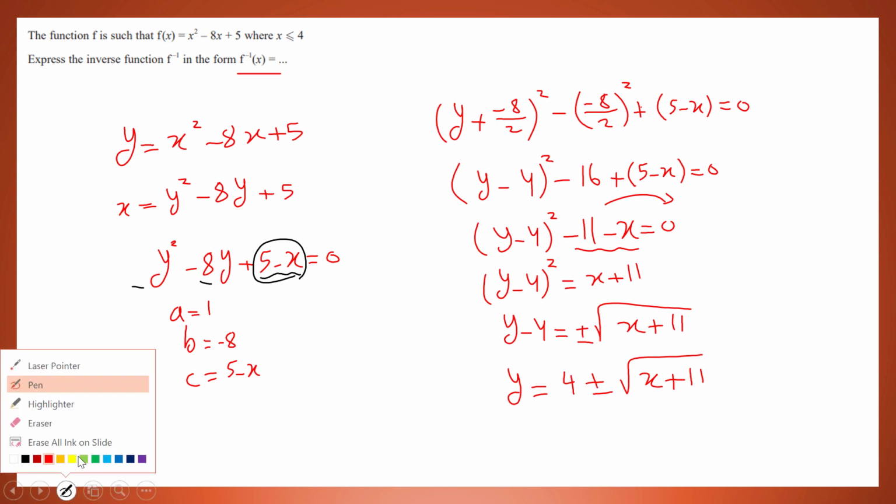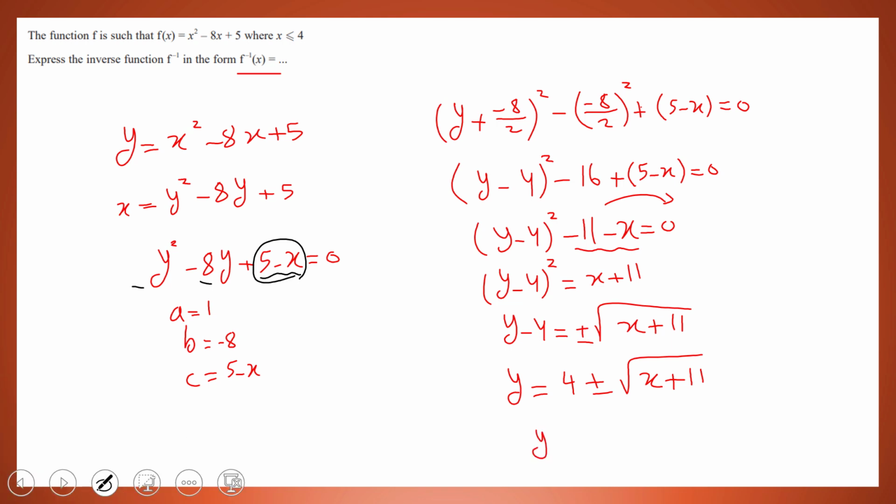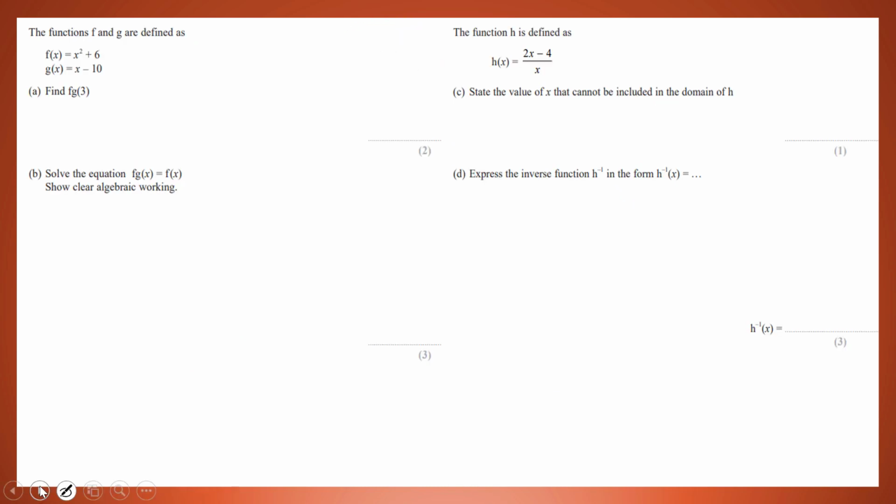So according to the domain mentioned at the beginning, the proper answer must be y inverse equals 4 minus the square root of x plus 11. So the f inverse will be written as 4 minus the square root of x plus 11, and this is the final answer.